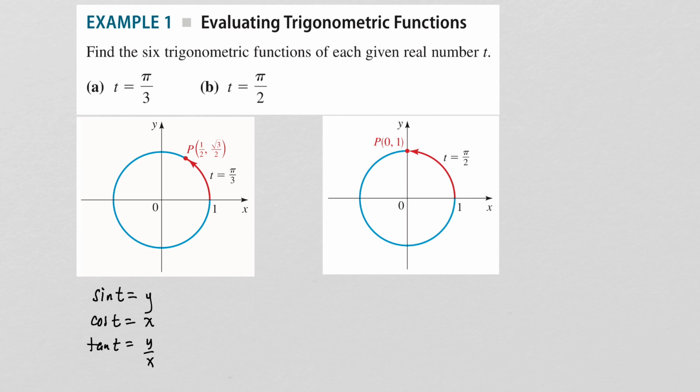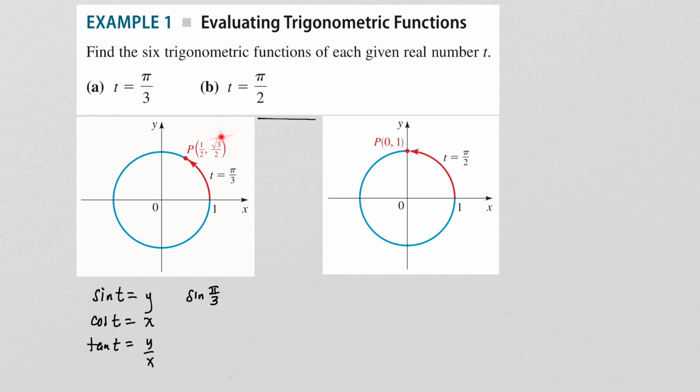In this particular problem, we have the sine of pi over 3, and that is going to be equal to the y value of the point that corresponds to t equals pi over 3. Now I have that point here. These are special values according to the value of t here. And I am assuming that you have had some experience with degree measure and radian measure and special values.